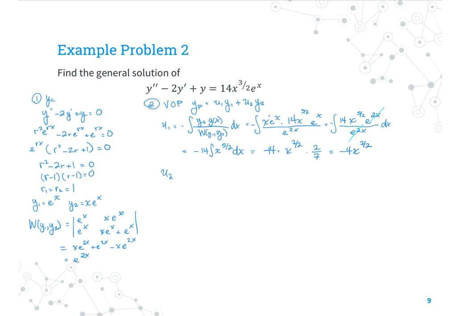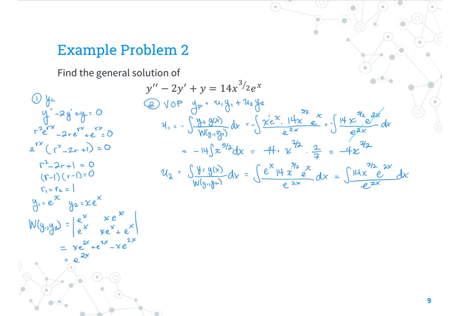And u2, in this case, is going to be the integral of y1 g of x over the Wronskian of y1, y2 dx. So y1 is just e to the x. g of x is still 14 x to the 3 halves e to the x all over e to the 2x dx. Once again, we find out that we're going to have 14 x to the 3 halves, now e to the 2x over e to the 2x dx.